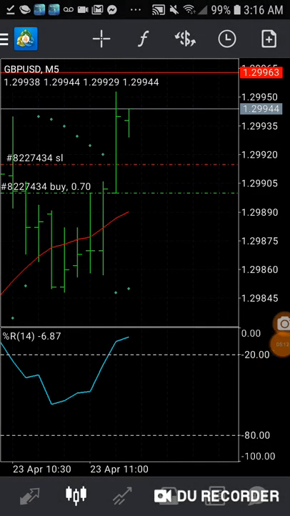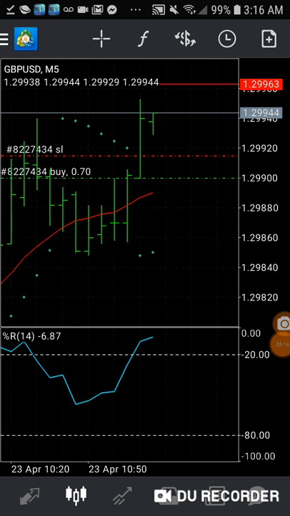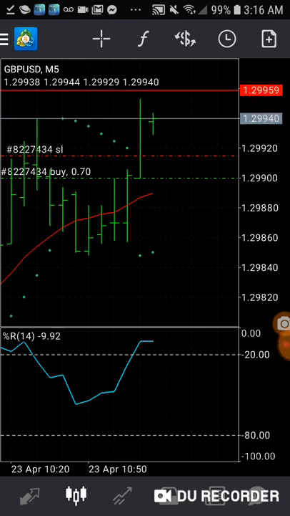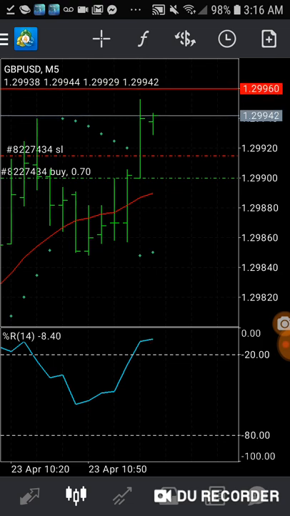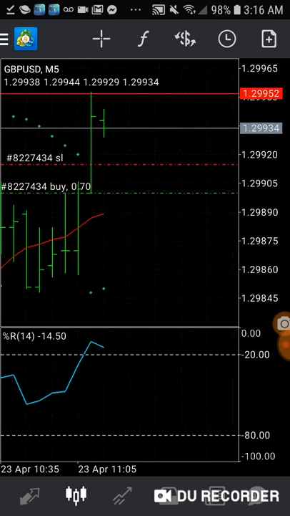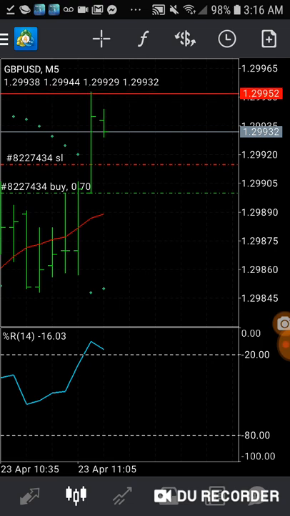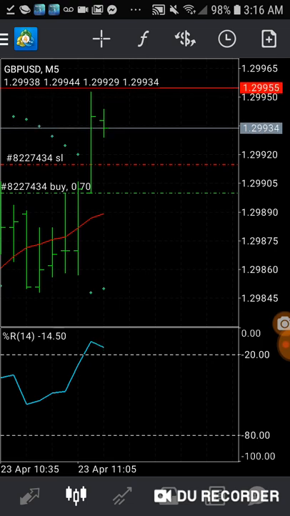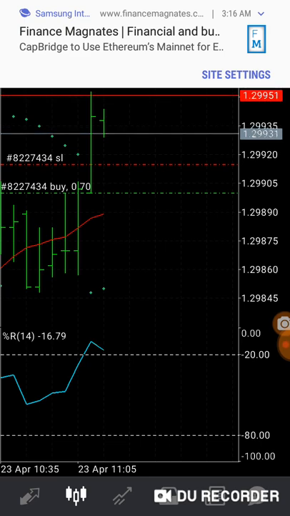Okay, guys, what I did here right now was, since we're already above our entry level of 129.90, I went ahead and put in our stop loss at 129.915. So even if it does stop out right here, we'll come back, we'll go in, we'll clock a little bit, and we do not incur a loss, even if the price does revert back down on us.